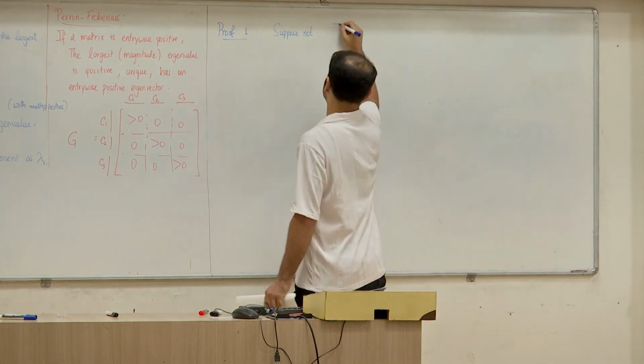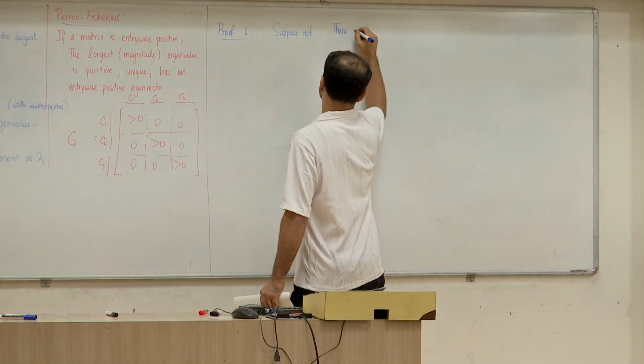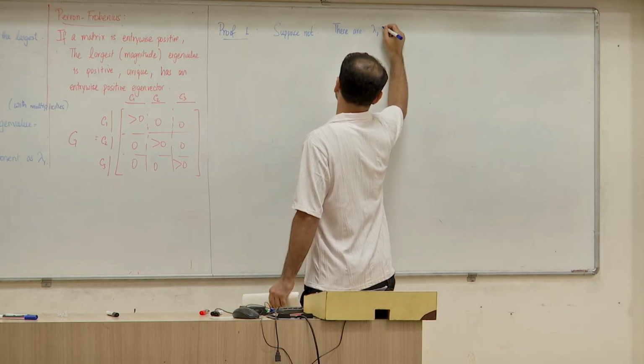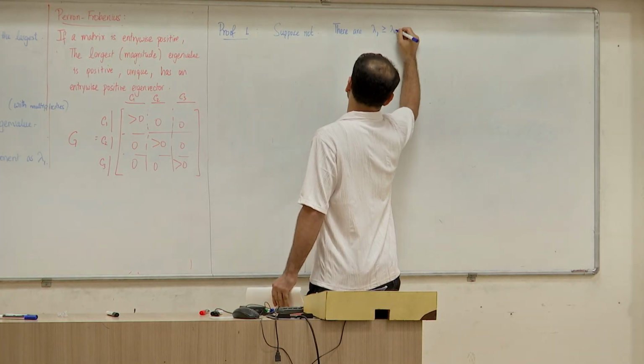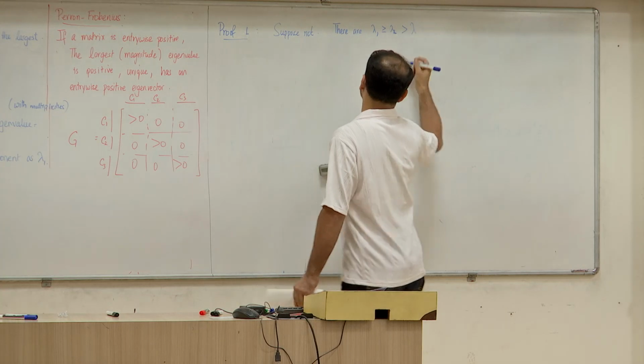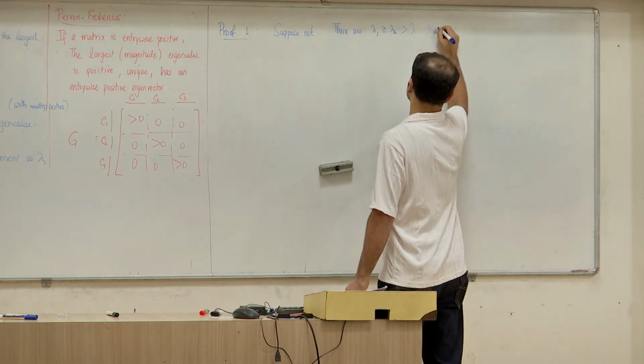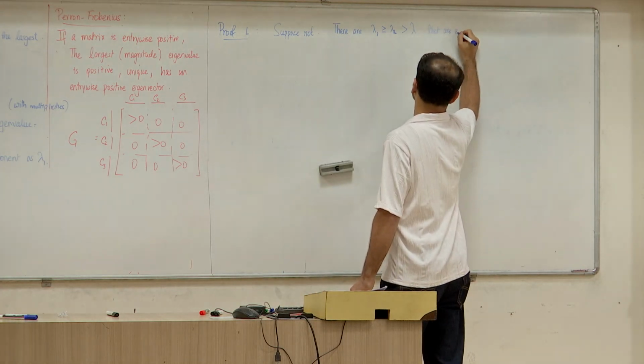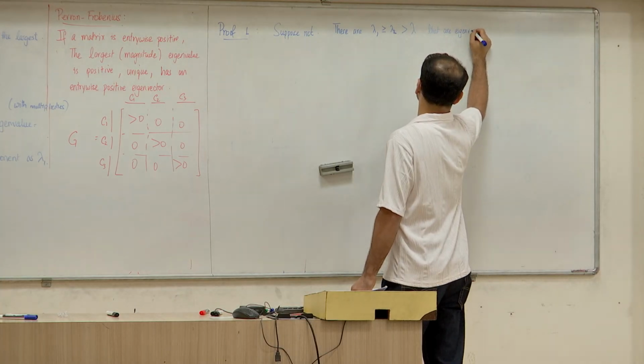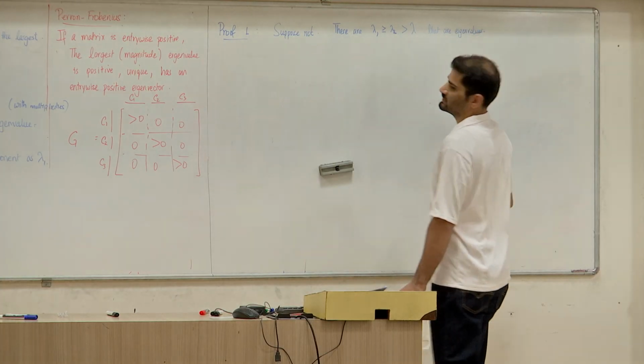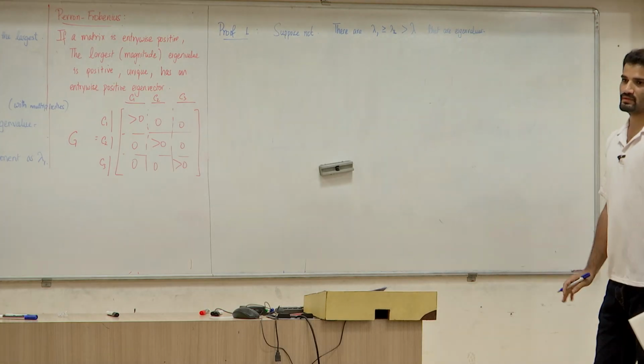Then there exist, let's call them lambda 1 and lambda 2. It may be the same as lambda 2, but they are both larger than lambda, that are eigenvalues. Okay.